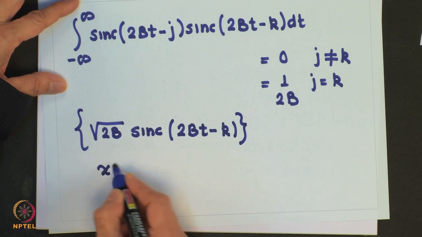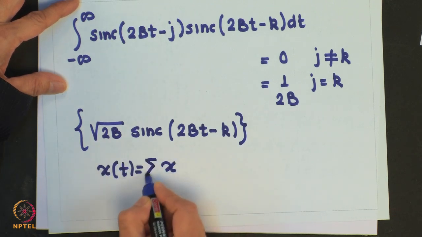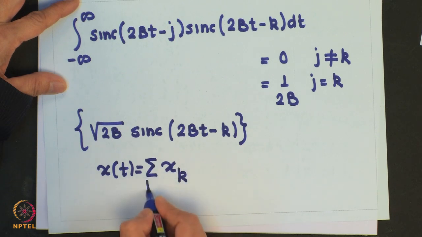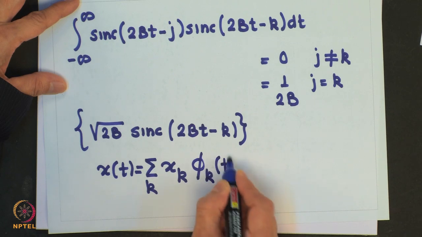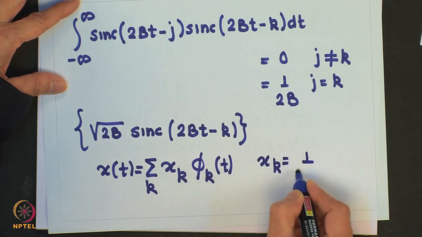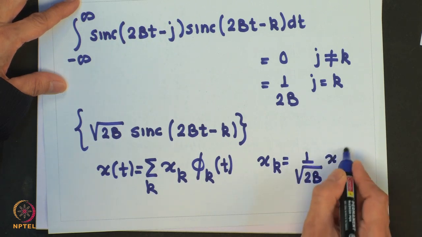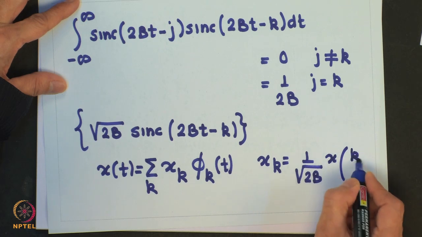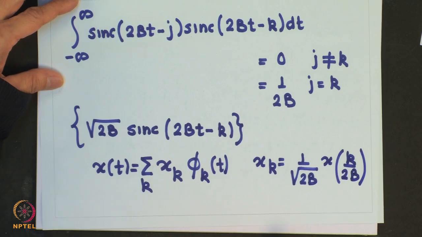So, I can write now my signal x(t) is equal to a sum, where x_k is equal to 1 by root 2B times x of, these are sampled versions, sampled at the rate 2B.